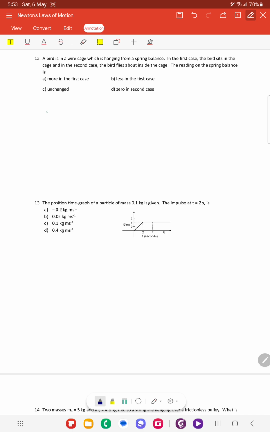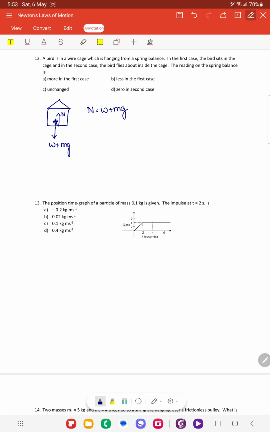Now when the bird sits in the cage, here the normal reaction is nothing but the weight of the cage plus the weight of the bird. That is n is equals to weight of the cage plus weight of the bird.